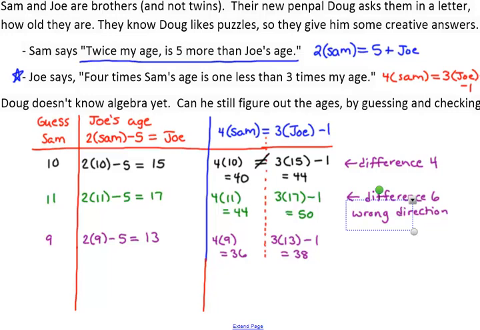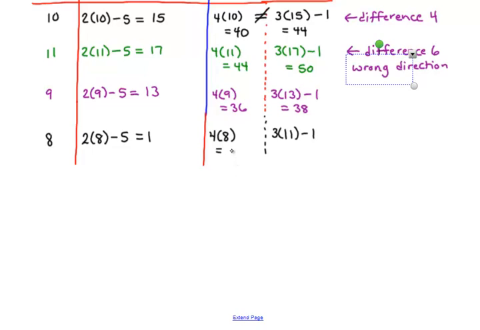So let's try another guess. Let's go down to 8. 2 times 8 minus 5 is 11. If I take 4 times 8 and I take 3 times 11 minus 1, here I get 32, and here I get 32.